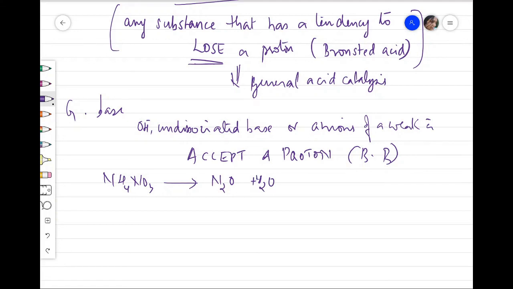Then you have general acid base catalysis, those reactions that are catalyzed by both Bronsted acids and bases. An example is the mutarotation of glucose. So this is our general introduction to this topic. Next we'll go into the mechanism and a concept called the Brønsted diagram. We'll go on with the next portion. Okay, thank you.